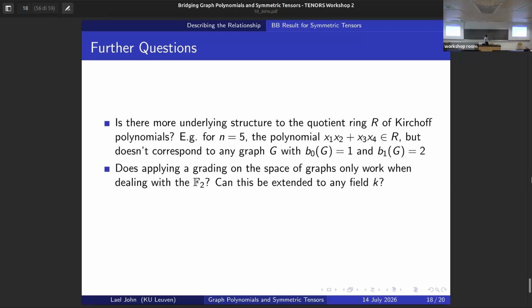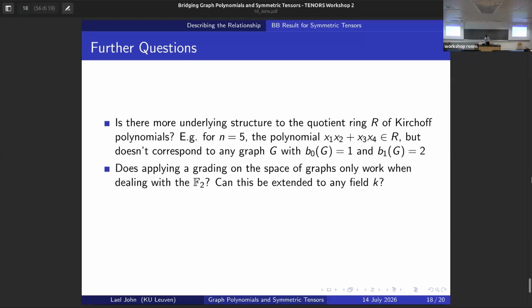Specifically, I'm thinking of weighting, so instead of looking at the same graph as just being counted once, I'm looking at these taking values, let's say alpha 1, alpha 2, alpha 3, alpha 4, where they lie in the underlying field. Maybe that's a way to improve what I've been doing. But those are my questions.